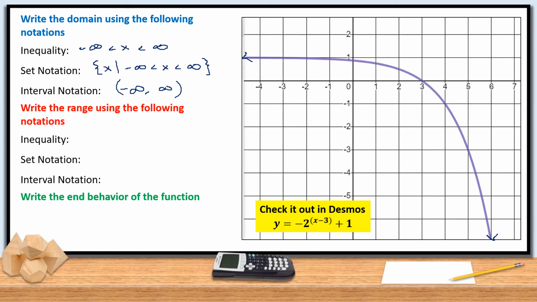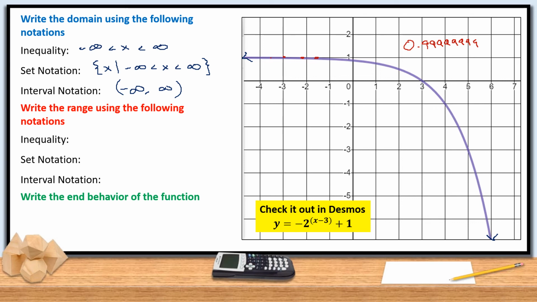All right, inequality notation for the range. Now the range is a little bit harder, and this is where Desmos would have been handy, because you would be able to check these points and see that it never actually gets to 1. So you'll see like 0.999999. It keeps getting closer and closer to 1, but it never actually reaches it. This is an exponential growth curve, but it's going downwards instead of upwards.